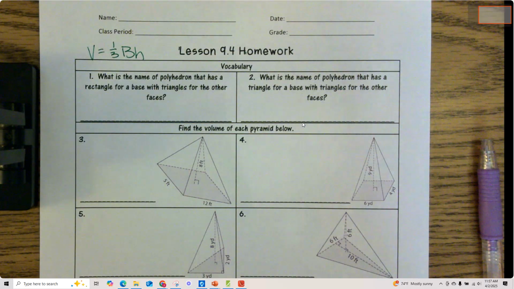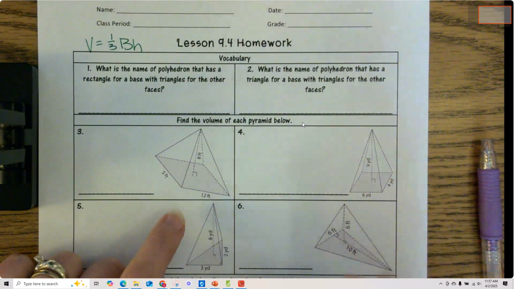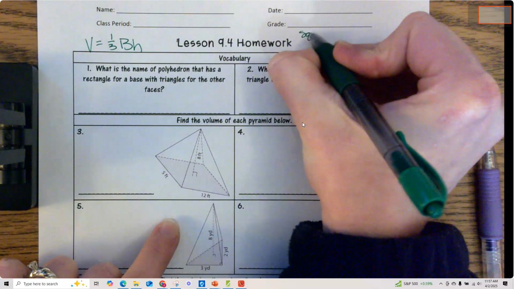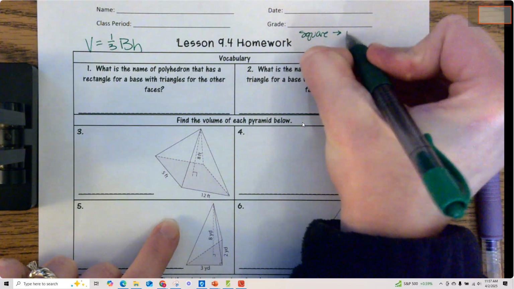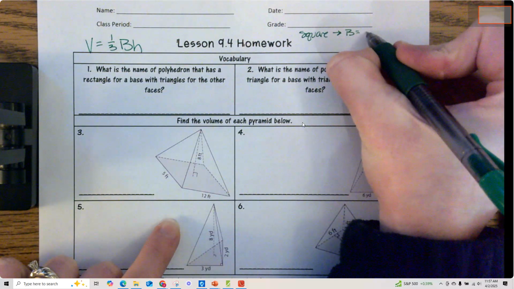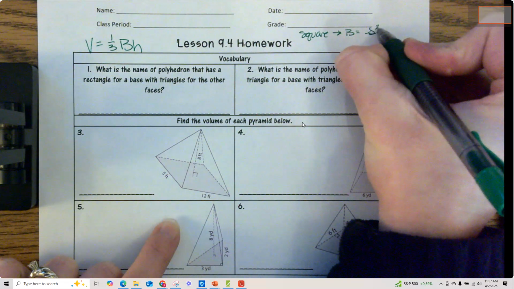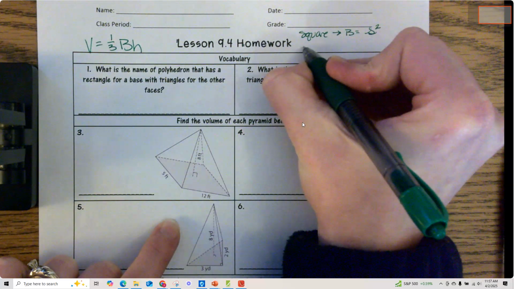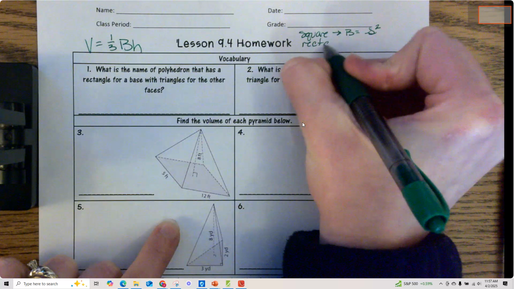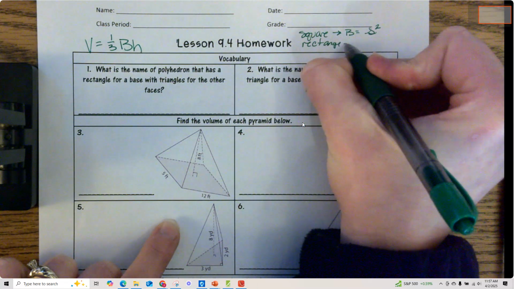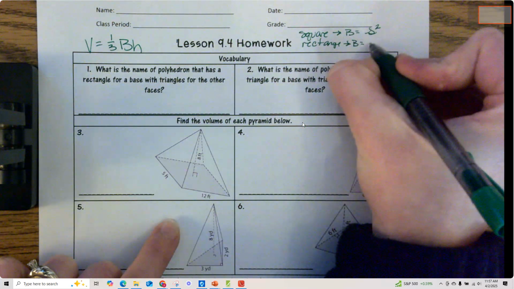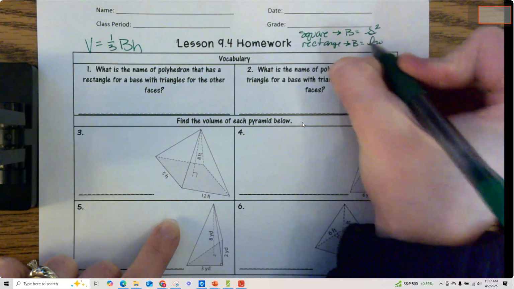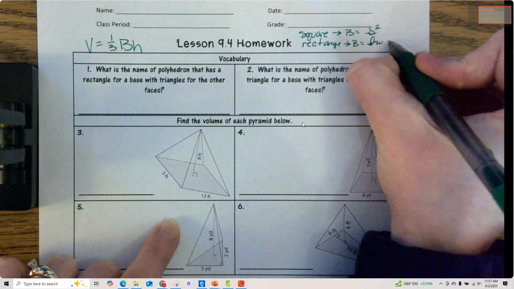We've got three options for bases. We can have a square. So if it has a square base, big B is going to be the side measure squared, or length times width, it doesn't matter. If it's got a rectangle base, big B is going to be, we use base times height now, but I'm okay with length times width since that's what you've been taught the whole time.